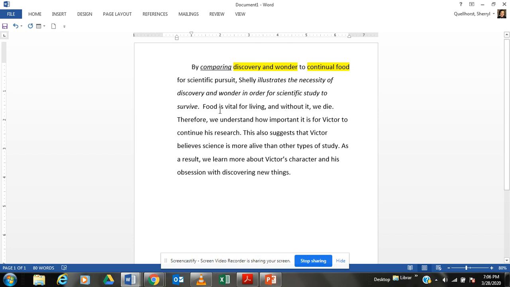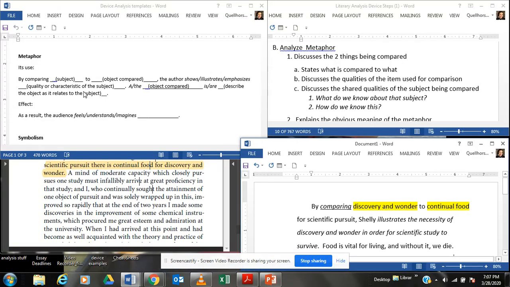Okay. And then here's why we came up with that. We talked about how food is vital. Okay. And let me show you that. That comes from right over here. We're talking about the object being compared, or the object of comparison, which is the continual food.